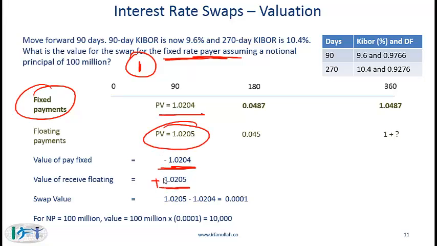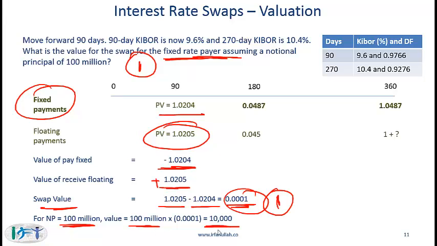That's the number shown right here. The swap value is the difference. So it's 1.0205 minus 1.0204, which is this number. We have a notional principal of 100 million. And this is based on 1 unit of currency. So you have 1 unit of currency value this. For 100 million, you just multiply by 100 million and you get 10,000. So that is the value of the swap for the fixed rate payer.